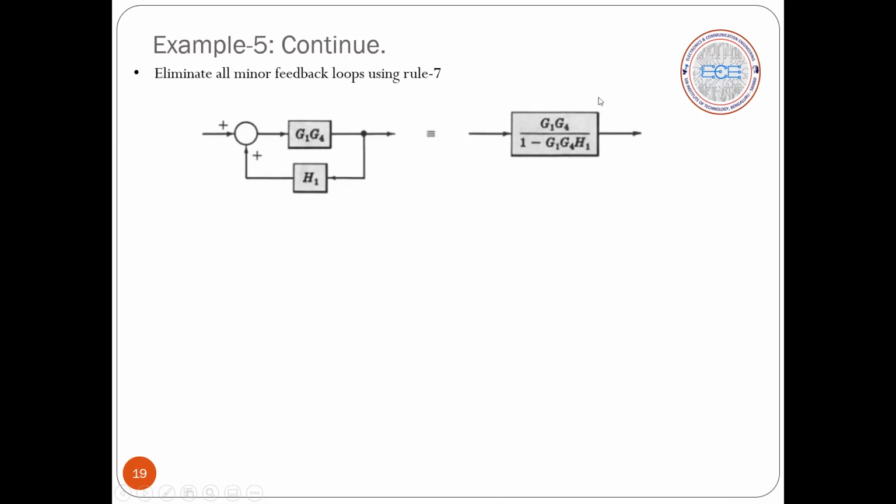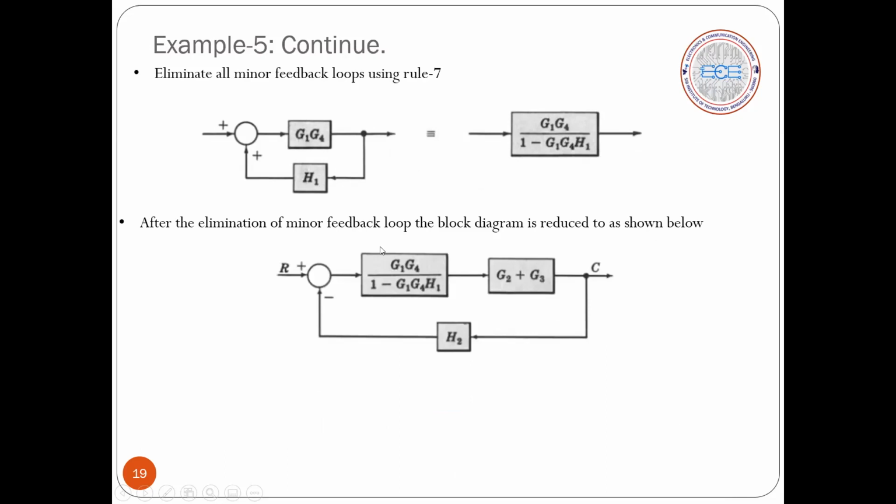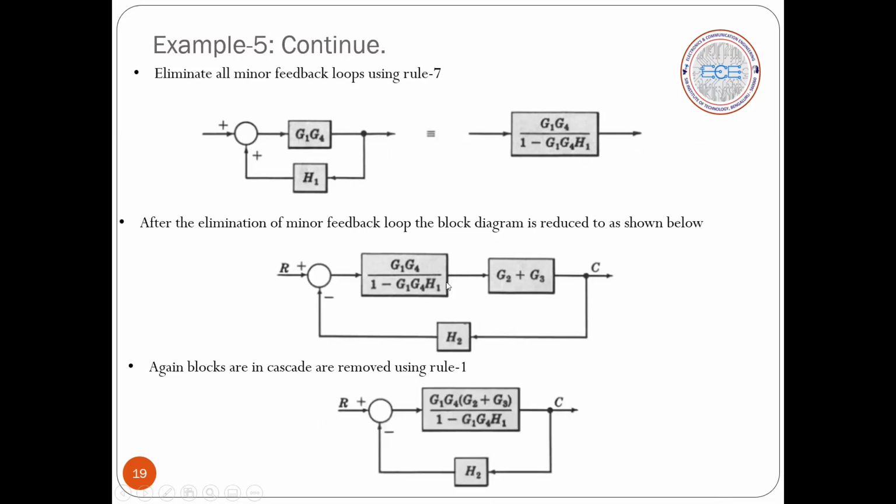Positive feedback we have, so we'll be getting a negative sign here, and we have learned how to simplify this according to the formula. We have done it here. So this is the equivalent block we have. That replacement of the simplified block is done, and these two are found to be in cascade, so we simplify them, and we will have one single block here and one feedback path. We call it a standard canonical form that you can simplify. Using rule number 7 again, you can simplify that to get one single block.